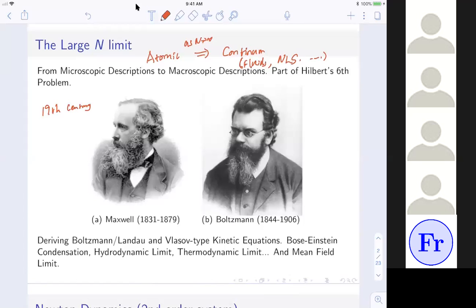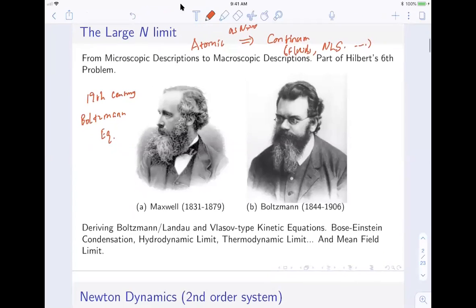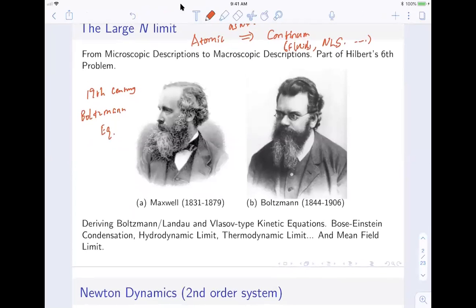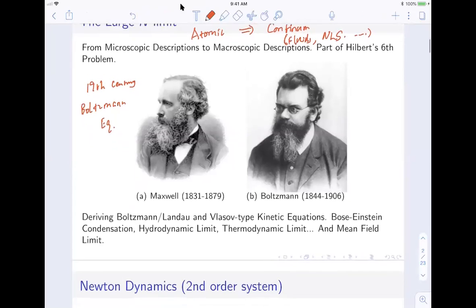You just assume that gas is composed of atoms, and you try to derive a macroscopic law, like the Boltzmann equation, from those particle models. So it first appeared in the study of what is now called the Boltzmann equation.